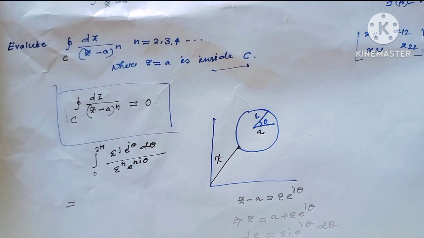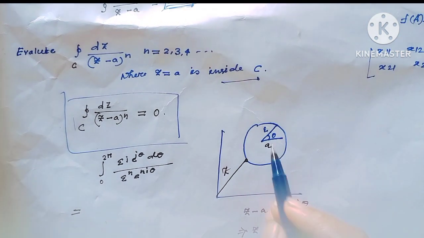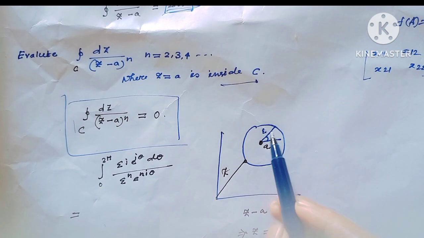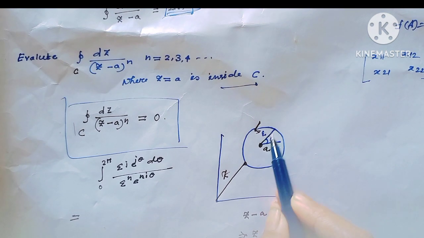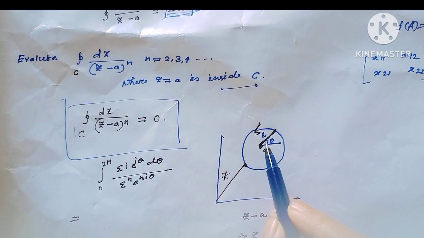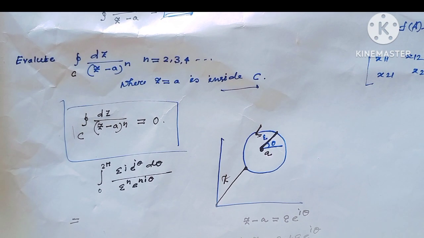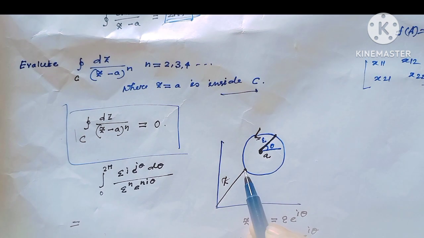Now I will see this integration. This is the picture, this is the point a, and a is inside this circle, and this radius is epsilon and the angle is theta, and the point z is here.